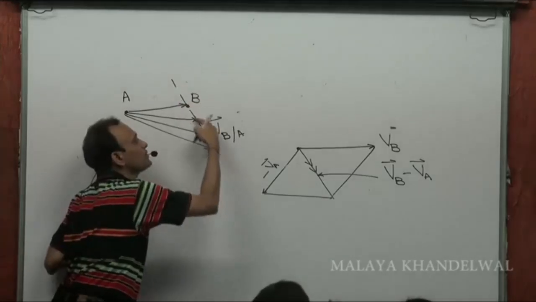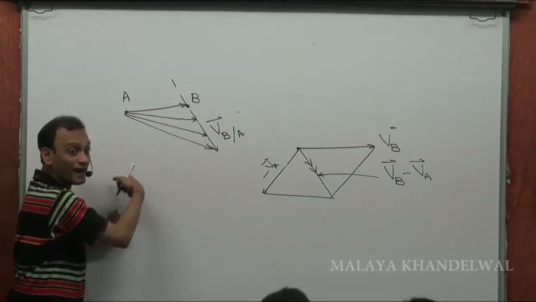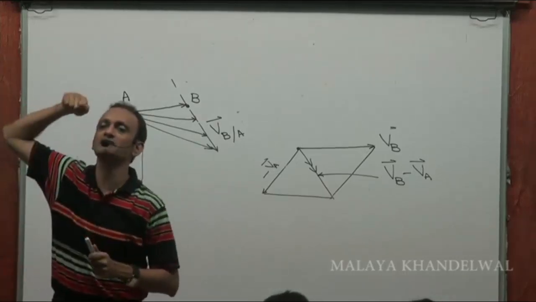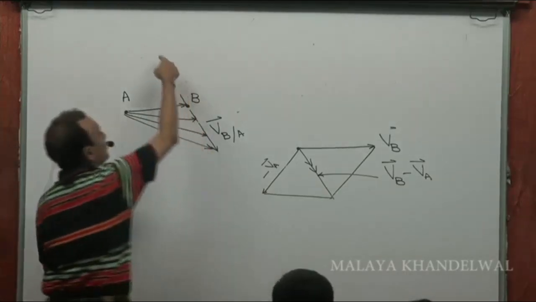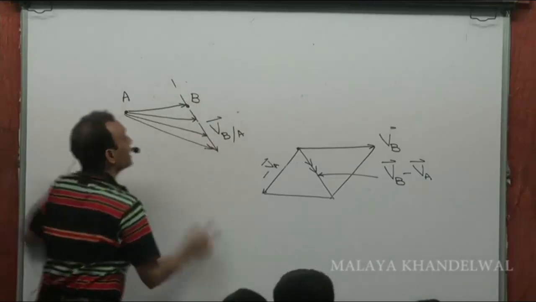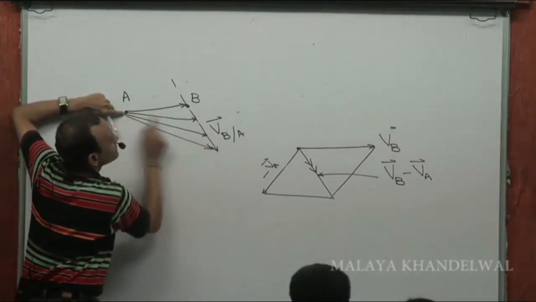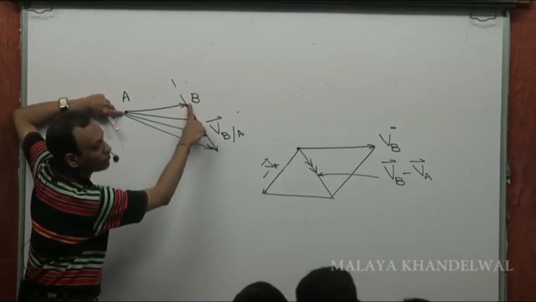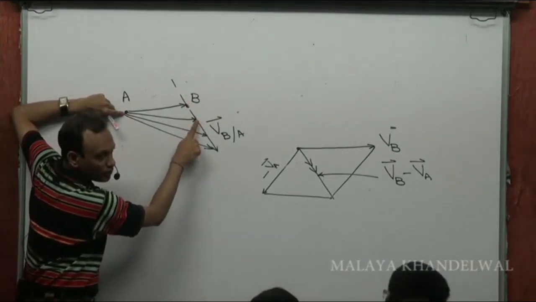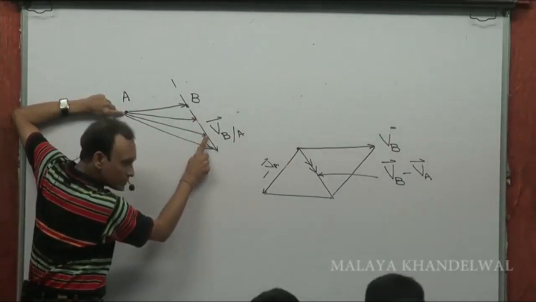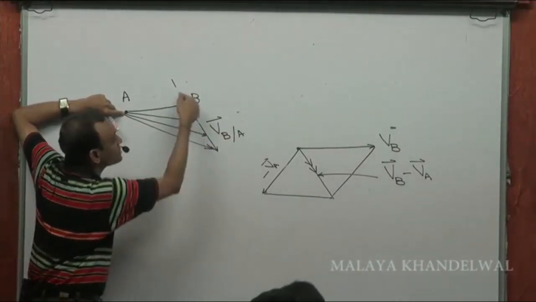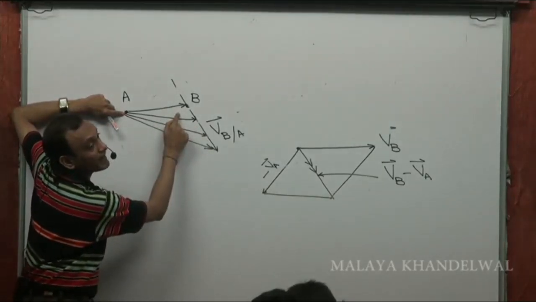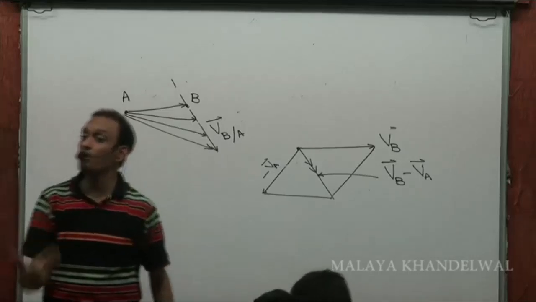Because B seems to be moving along this line as perceived by A, it's as if A is pinned, A is fixed, and B is moving with the velocity VB with respect to A. And therefore this is how the position of B with respect to A changes. This is, let's say, at some t equal to 0, the position of B with respect to A. This becomes some other position of B with respect to A at a later instant, and so on and so forth, right? So these are various RBA as seen by A of B at various instants of time.